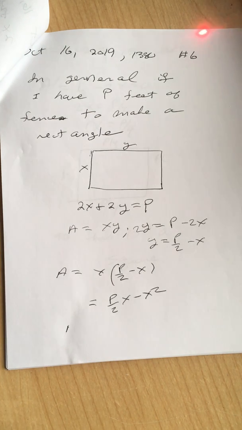Now you may have made some kind of a guess about this problem, so let's discuss it in general. Let's just take p feet of fence. So suppose I don't have 200 or 100 or something like that. We're just going to have p feet of fence, and I want to make a rectangular pen, x on this side, y on this side, with p feet of fence.